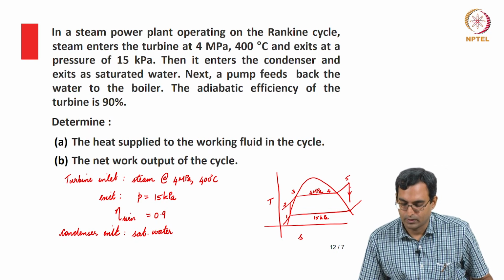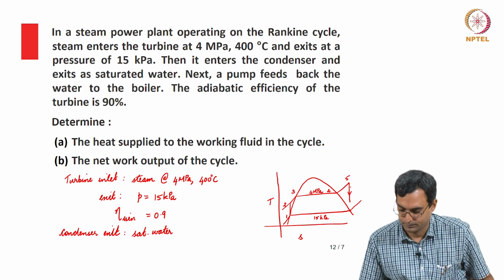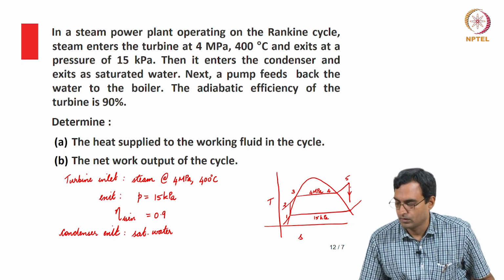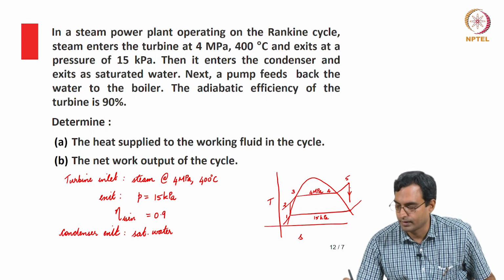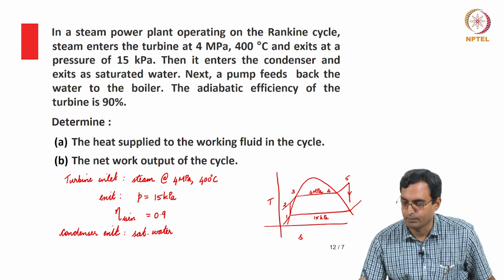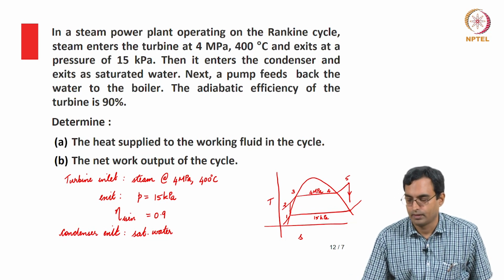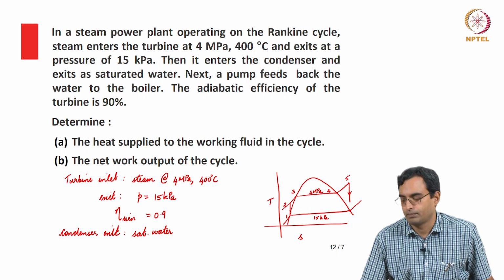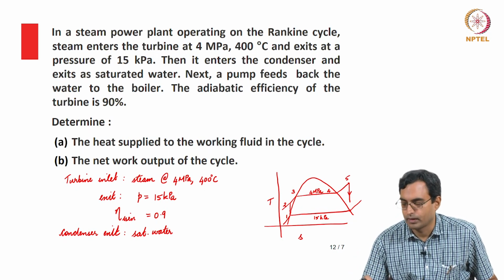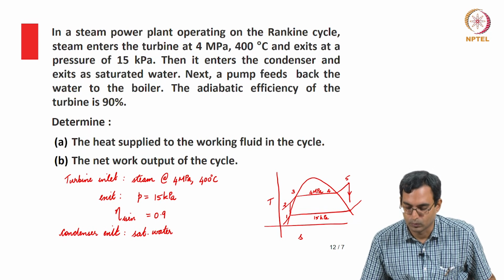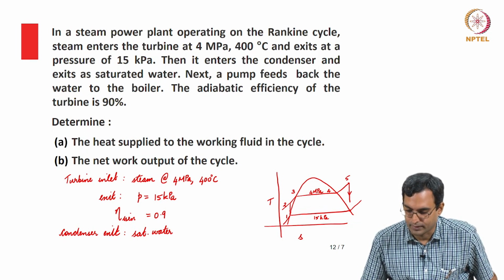We are asked to find out the net work output of the cycle. So, the net work output is essentially the work done in the process from 5, minus the positive work done in process 1 to 2. So, that is what we want to find. Okay.